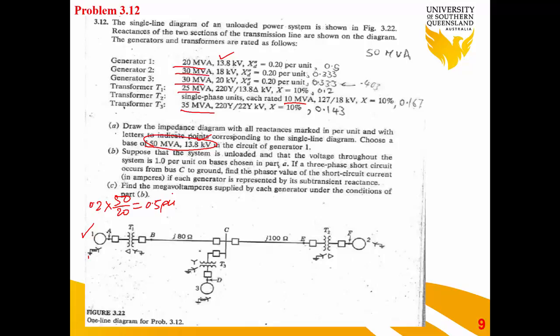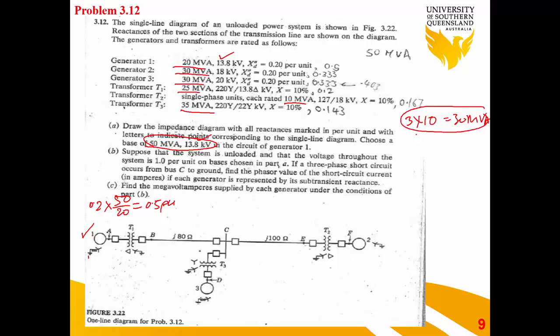Then 30, the same, and that's why we are getting 0.167. How does it come? Yes, sometimes I also forget. So that's why this value is 3 times 10 MVA we are using, and then this is 10%.